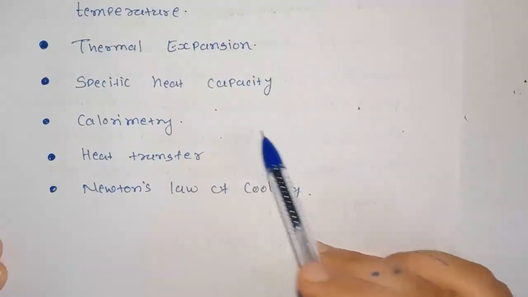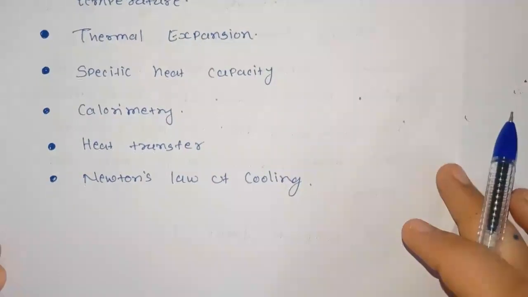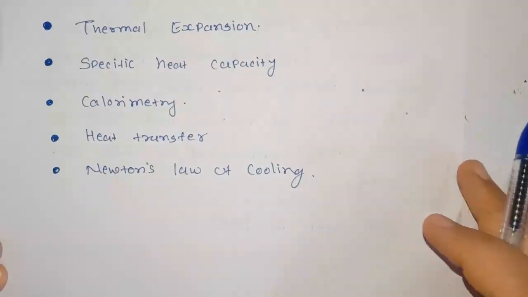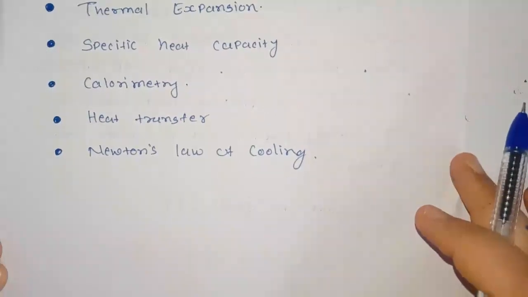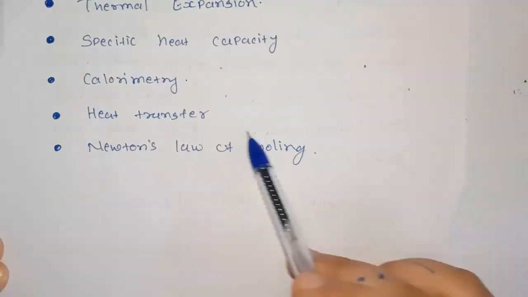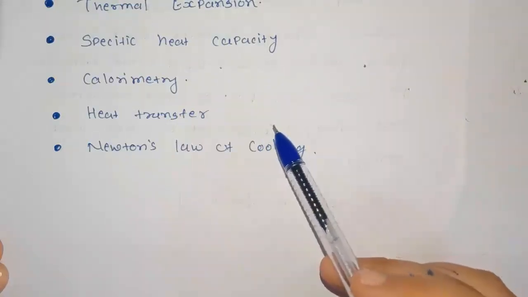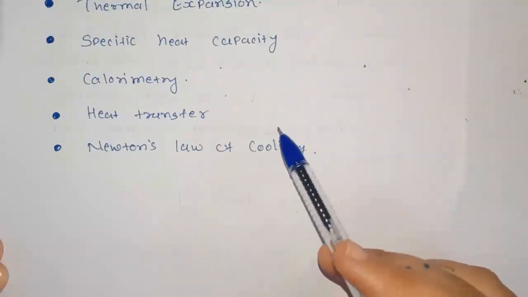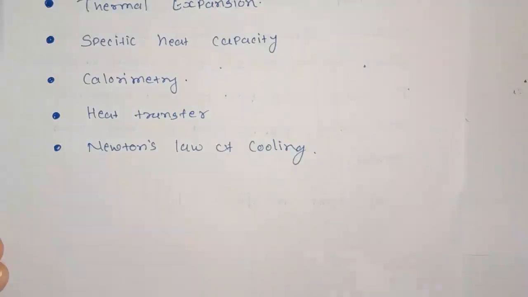Then we will see the calorimetry, that will include the principle of heat transfer, the specific heat, molar specific heat, latent heat, etc. Then we will see the heat transfer, different ways of heat transfer, that are by conduction, convection and radiation. And at the end we will see the Newton's law of cooling and some previous examples. So let us begin.